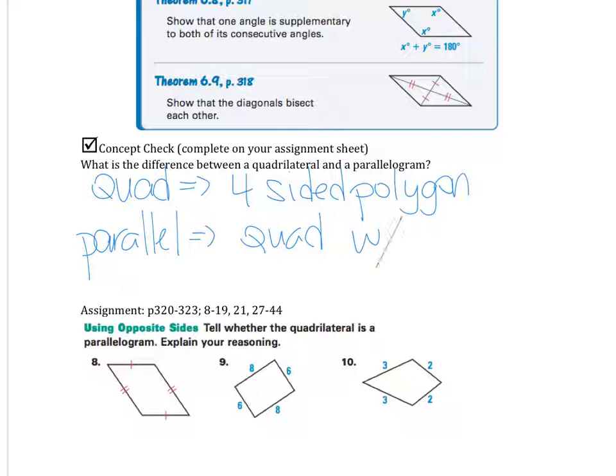And we'll just list the basics with opposite sides congruent, with opposite angles congruent. And the assignment follows.